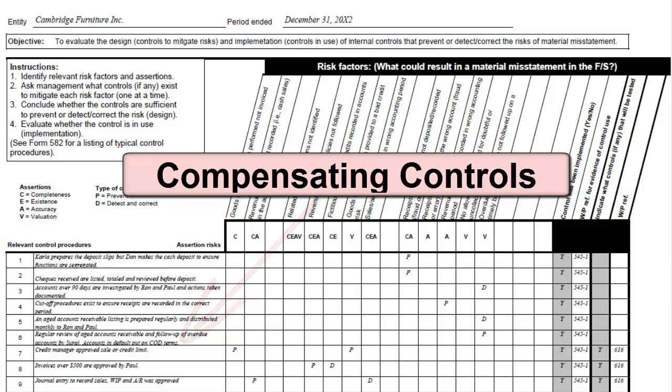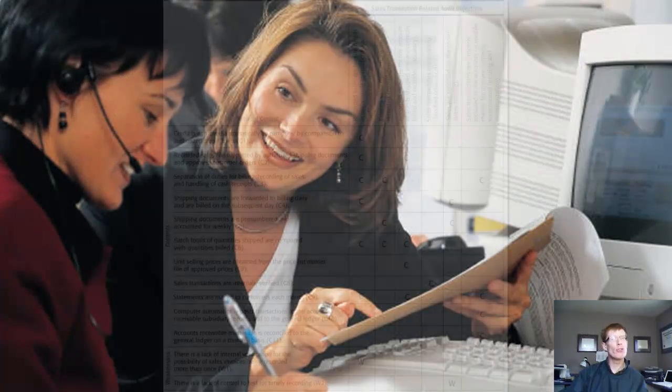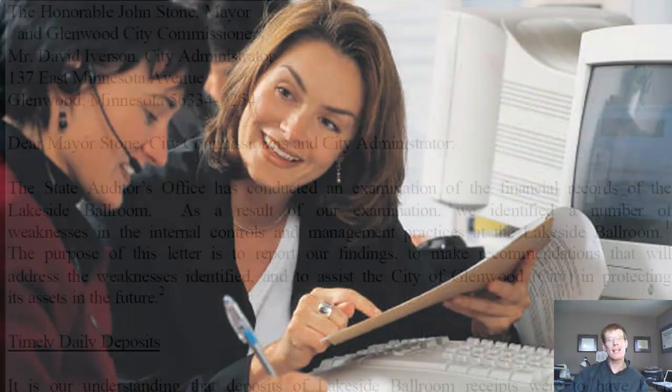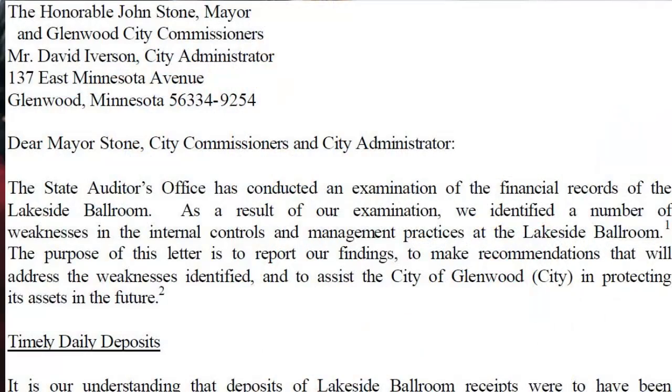If there is not a compensating control, and we legitimately have a control gap, we will document the weakness on a separate working paper. This working paper will discuss the potential misstatement that can arise and any effect on the collection of substantive evidence. This is referred to as a control matrix working paper. Significant internal control deficiencies are communicated in an internal control letter to the audit committee or its equivalent in the company.